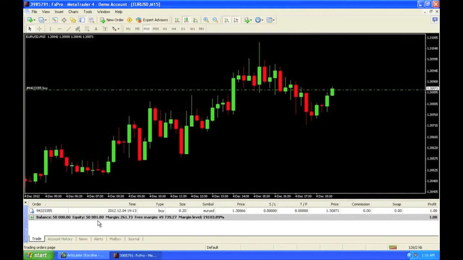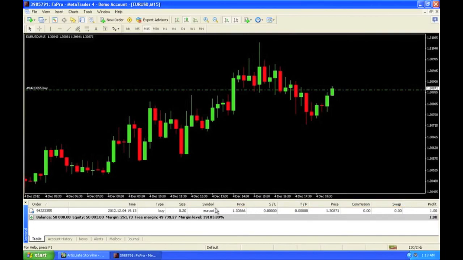So your equity simply reflects your running profit and loss plus your balance. Margin is the deposit that they're holding from your account to allow you to open a trade this size. Free margin is how much margin you have available to open up more trades if you need to. And then here's a percentage displaying that. Okay, so currently the trades are running at approximately $3 in profit.